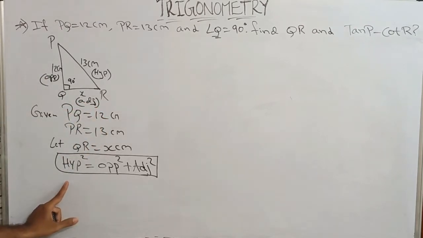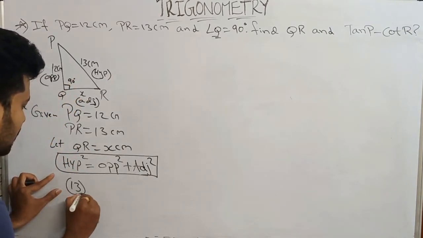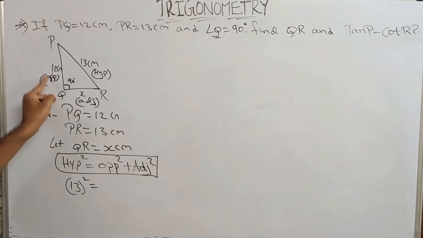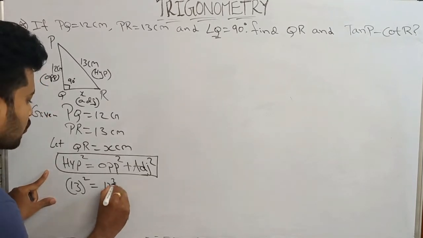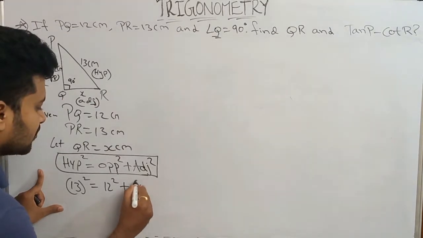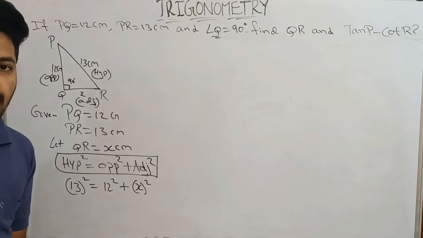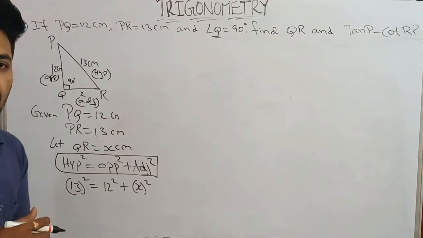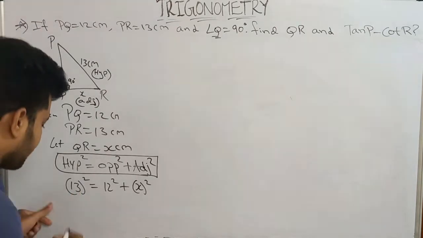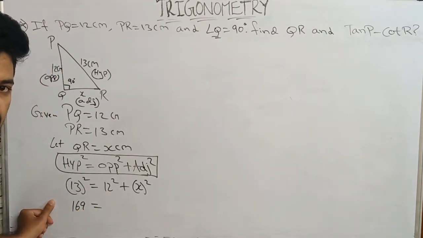Okay, so in place of hypotenuse we have 13. 13 square is equal to, what is opposite? 12. 12 square plus, what is adjacent here? X square. So 13 square: 13 13s are 169. 12 square means 12 12s are, how much? 144.